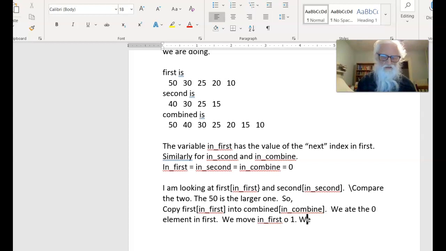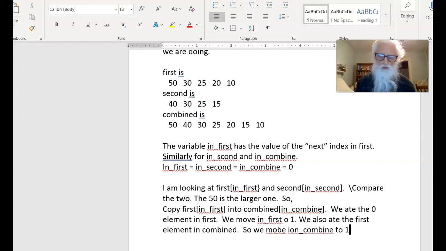Now we also ate the first element in combine. So we move in combine to 1.